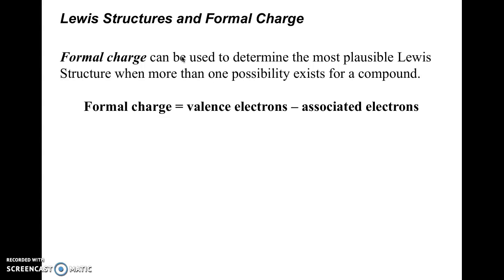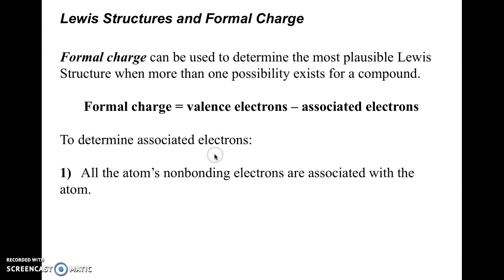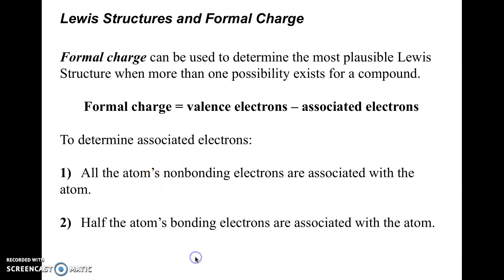Formal charges are calculated by taking the valence electrons and subtracting the associated electrons for the element in any given structure. So those include the non-bonding electrons and half of the atom's bonding electrons. So they're the ones associated with the other atom.